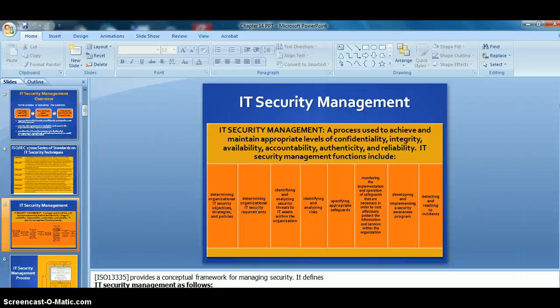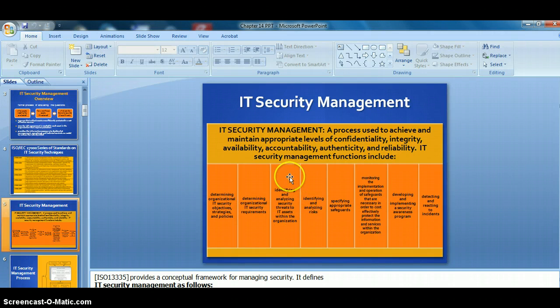And what is the policy of the organization's security? Also, the IT security management determines organizational IT security requirements. What are the IT security requirements to protect our organization? This is also one of the functions of IT security management.